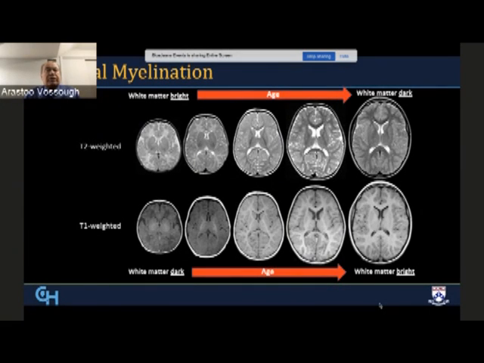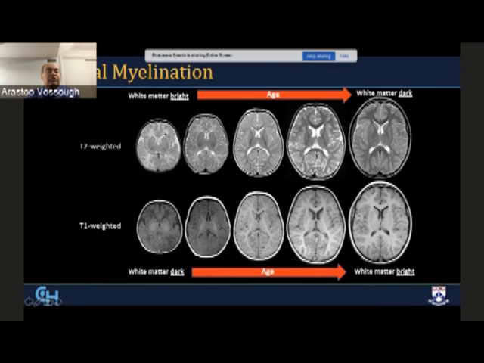We're all very familiar with the changes that occur in the brain as far as myelination is concerned from the neonatal age up to older ages and through adulthood. We generally start out, in these T1 and T2 images, with a gradual flip of the signal intensity of the white matter.